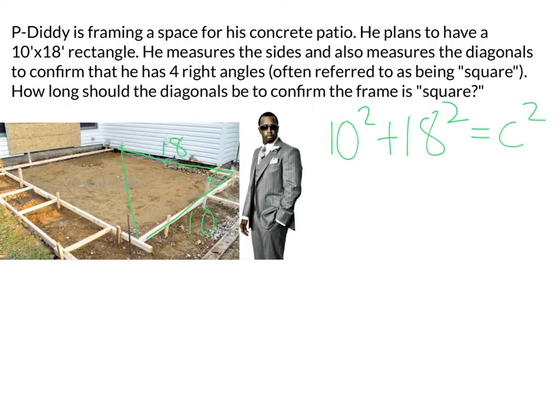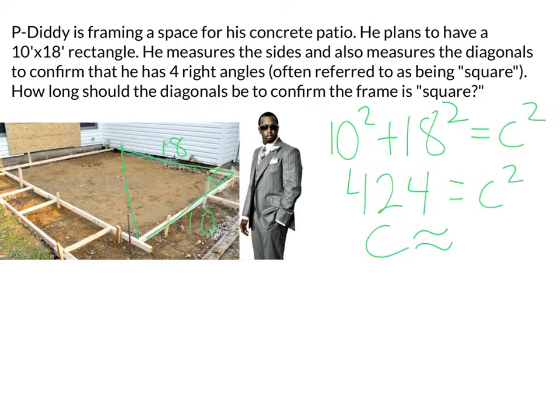Well, let's solve for it. So if I do 10 squared plus 18 squared, we're going to get 424 equals c squared. Now let's go ahead and square root that in our calculator, and we're going to get c approximately equals, I'm going to make that equals sign a little squiggly, because that means we've rounded.